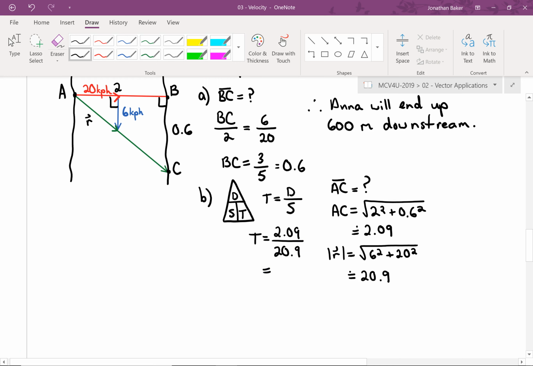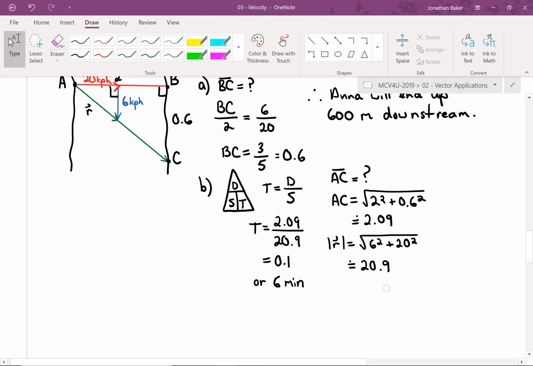When we divide that, we get 0.1 hours, which is 1/10 of an hour, or 6 minutes. So let's state that: therefore, the trip takes 6 minutes.